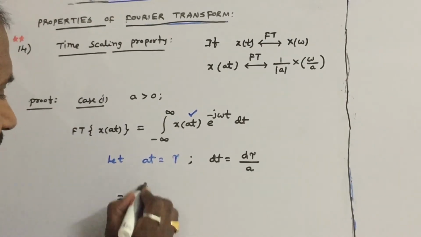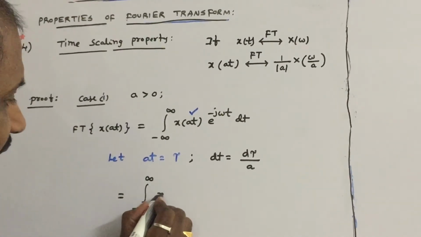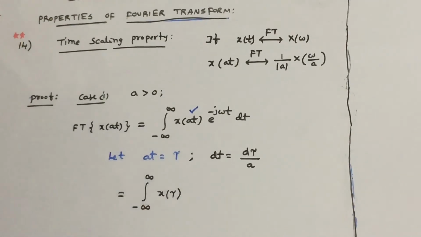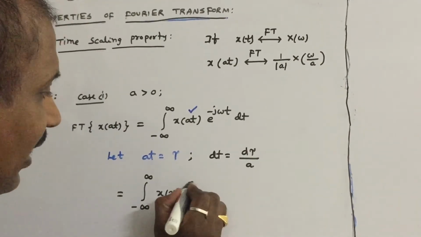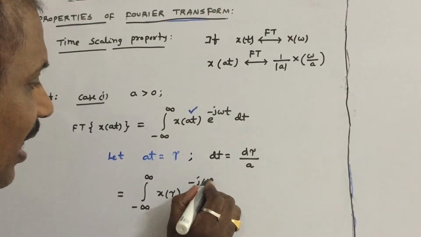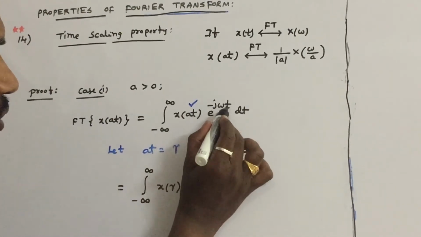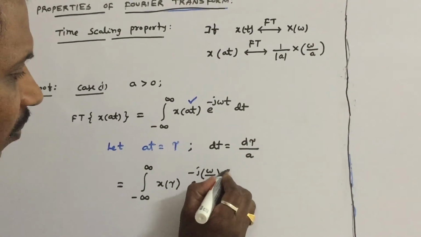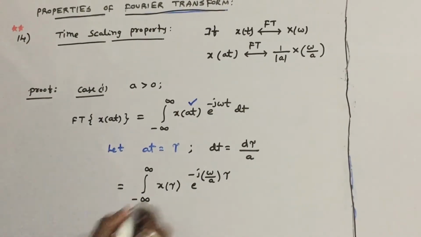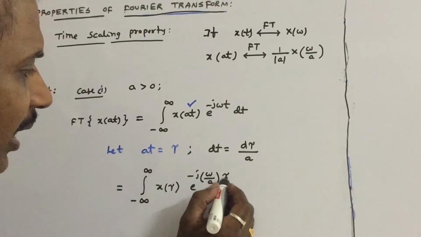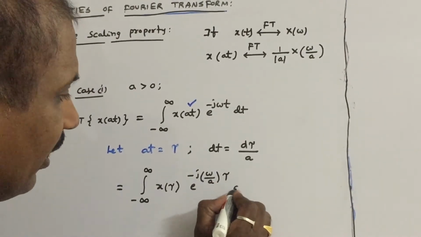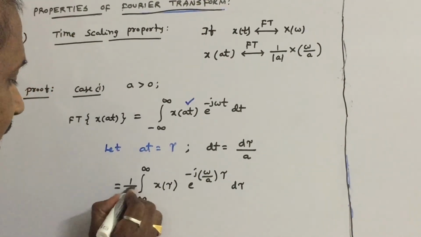The integral from minus infinity to infinity, the limits will not change. So x of at is replaced by x of tau, and e power minus j, in place of t replace tau by a, so write omega by a in one bracket, e power minus j omega by a tau. For dt, write d tau, with 1 by a outside.